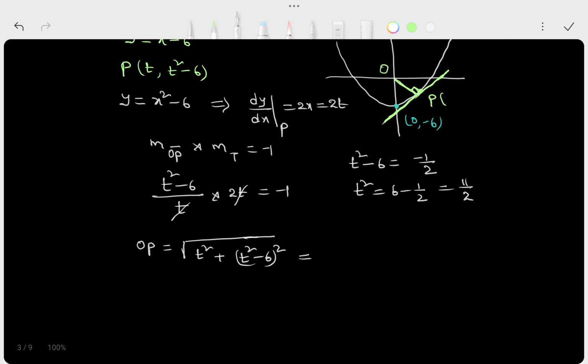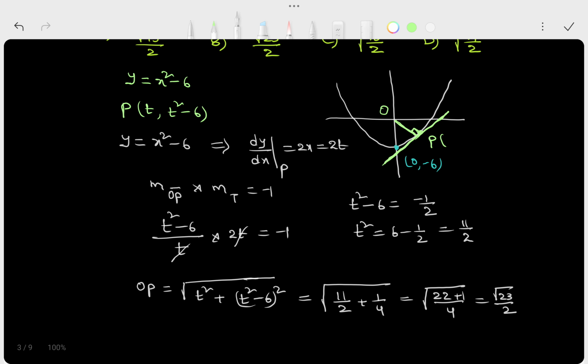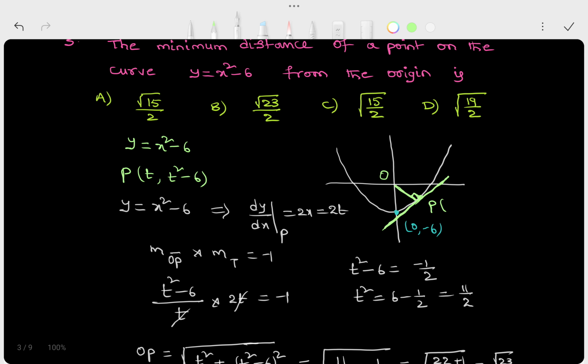Now you know the t square value is 11 by 2. t square minus 6 will be equal to minus 1 by 2, so its square is 1 by 4. So totally this value will be the square root of (22 plus 1) whole divided by 4. So this value will be square root of 23 divided by 2. So what is the shortest distance? Square root of 23 by 2 is the right answer.